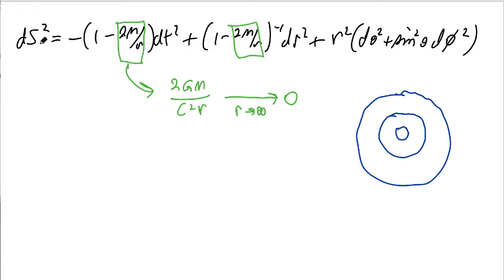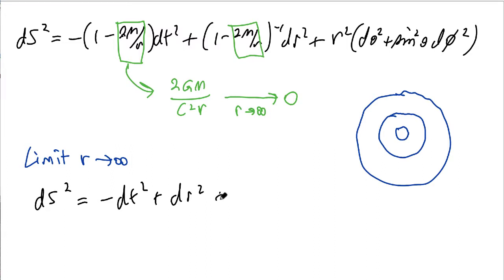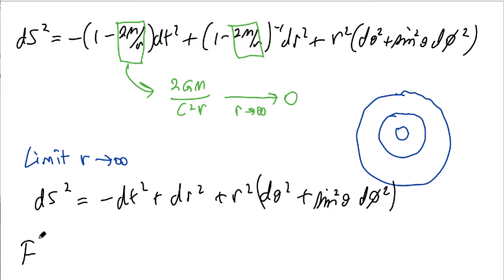So in that limit, the metric becomes just minus dt squared plus dr squared plus r squared d theta squared plus sine squared theta d phi squared. And this is just the metric for flat four-dimensional space-time, written in spherical coordinates.